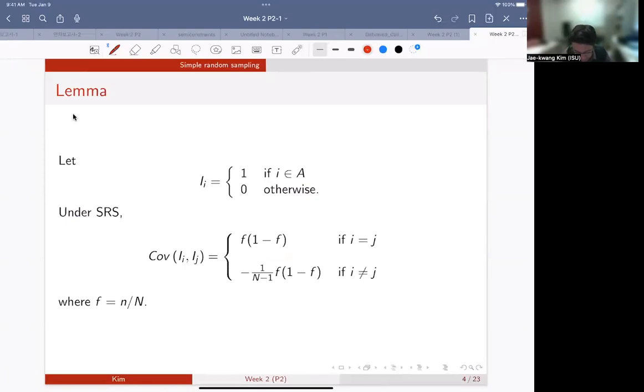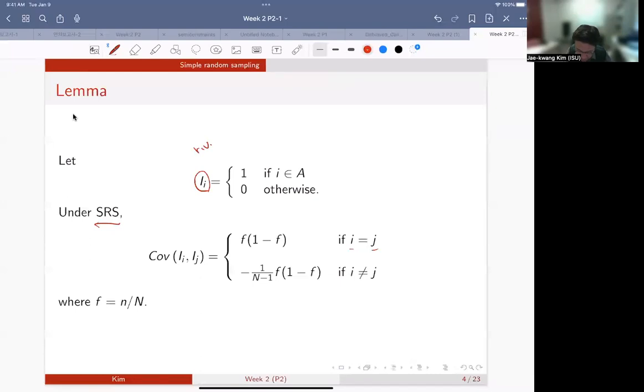In the lemma, we use an indicator function, and this is a random variable, right? If you repeat your sampling, a particular unit can be selected or not selected. But in simple random sampling, they are all equal, all homogeneous. So we don't have a real dependency on the index i or j.